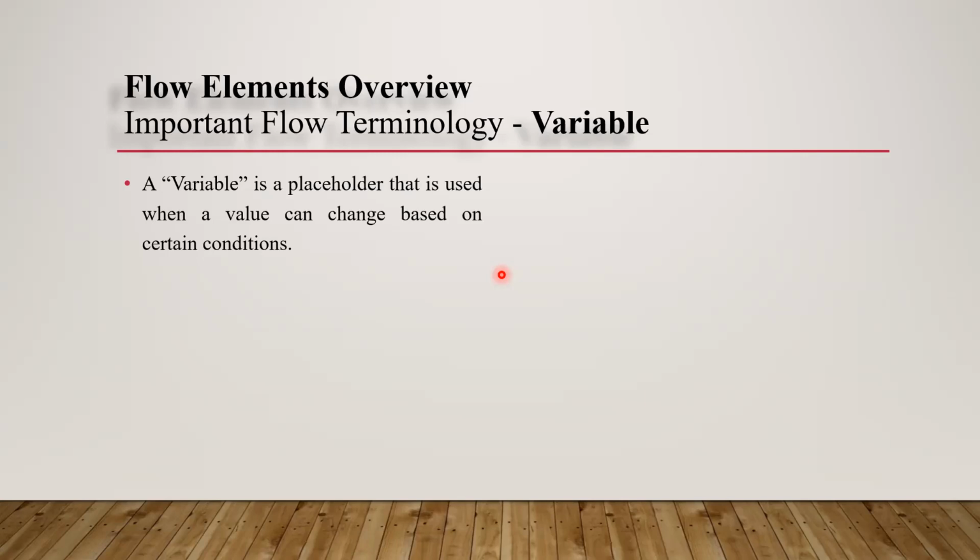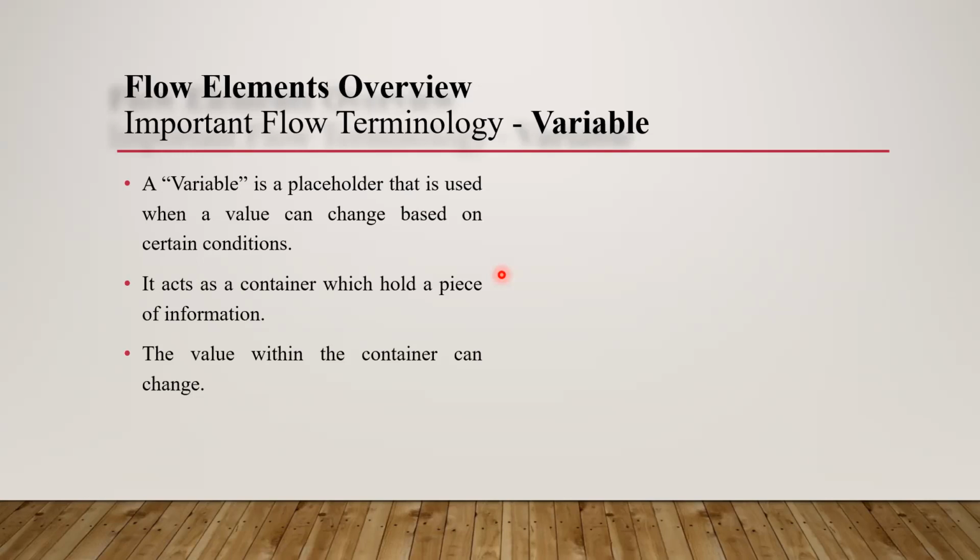In the same way, we have that variable in our flow terminology. As I told you, a variable is a placeholder. It acts as a container which holds a piece of information, and the value within the container will change.